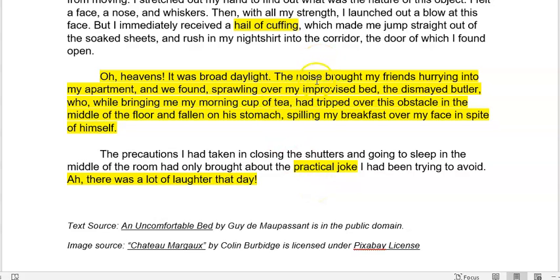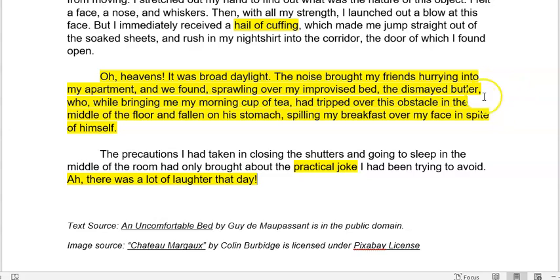Okay? And the friends didn't even actually do anything. The butler, bringing in his breakfast, tripped over, couldn't see anything because the curtains were pulled closed. There was no light. The candles were blown out.